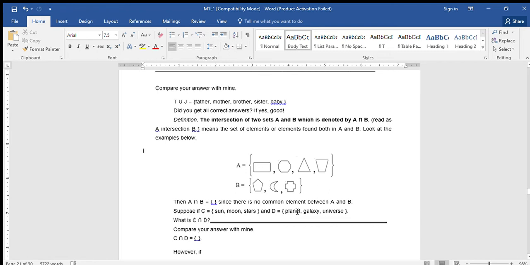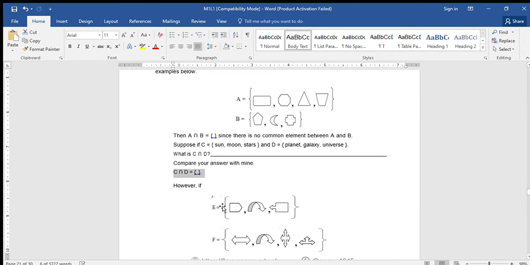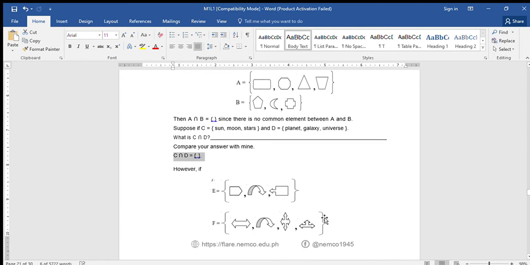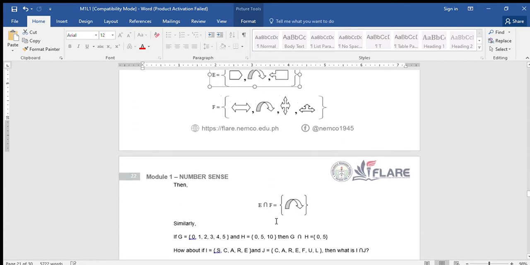Naabay pareha na elements, waya. So our answer is, what is our answer? Empty set or null set. However, if we have here set E and set F, okay, do we have a common element? O, asa man, kini o kini siya o kini. So our answer is E intersection F is this one. When we talk about intersection.